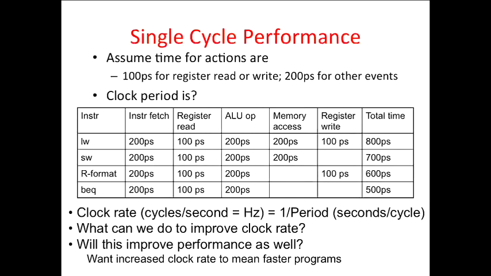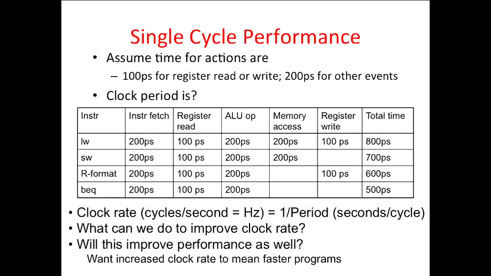So if you look at the breakdown, for each instruction type, of the components of completing that instruction, you kind of add them all up. And that's what's happening in this table. Let's assume, for example, these are just some numbers, that it takes 100 picoseconds to read or write the register file, but 200 picoseconds for everything else. So instruction fetch, which all the instructions do, takes 200 picoseconds.